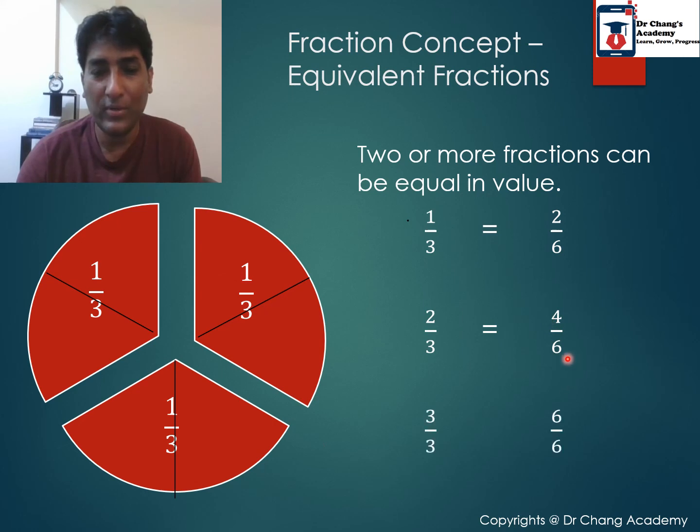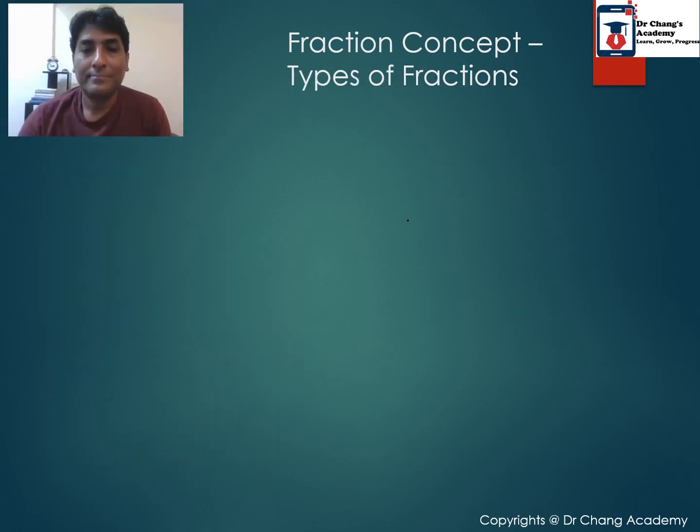We can write 4/6. The same way 3/3 are equal to 6/6. So 3/3 are 1 and 6/6 are also a whole 1. So this is another idea where we can write fractions whose numerator and denominator numbers could be different, but their values are equal, and we call them equivalent fractions.